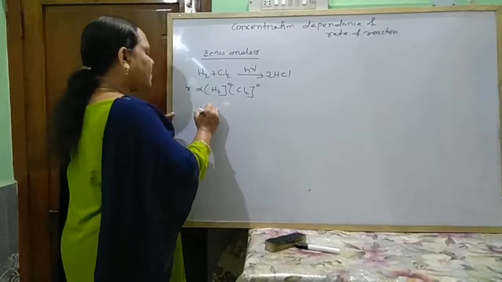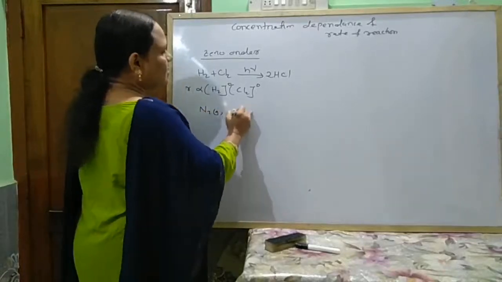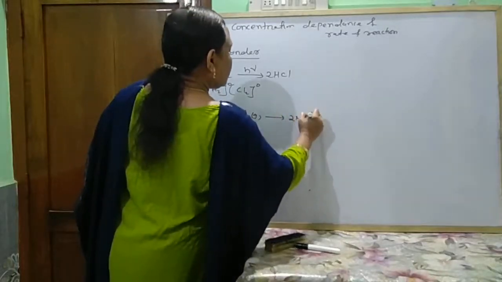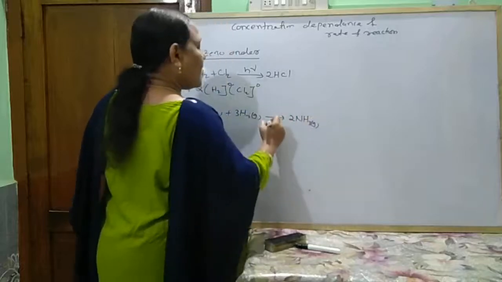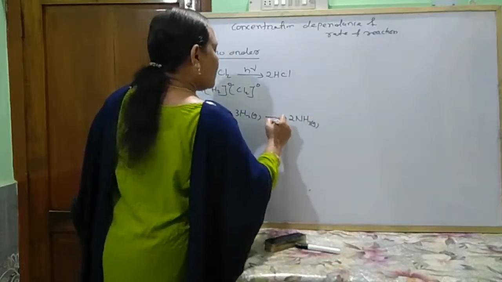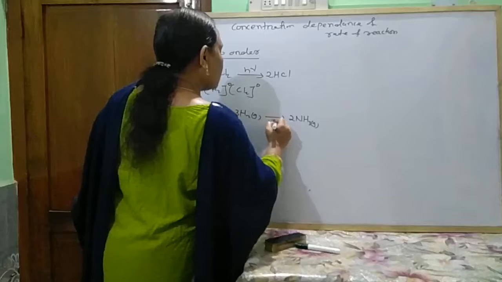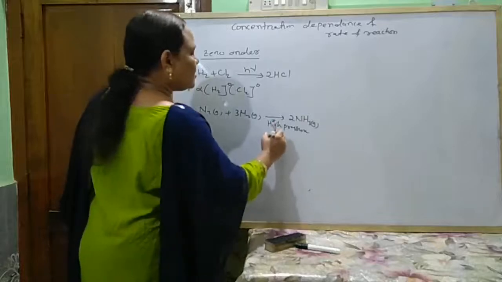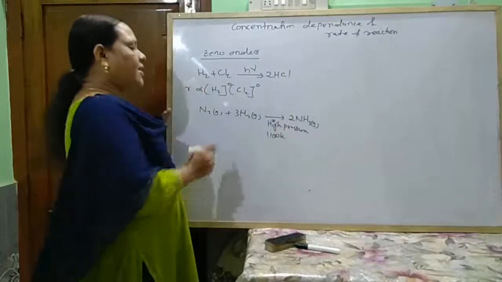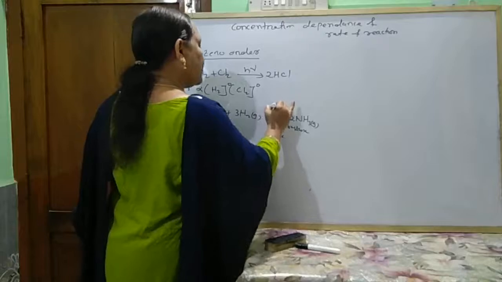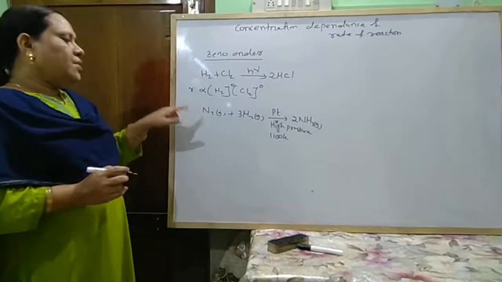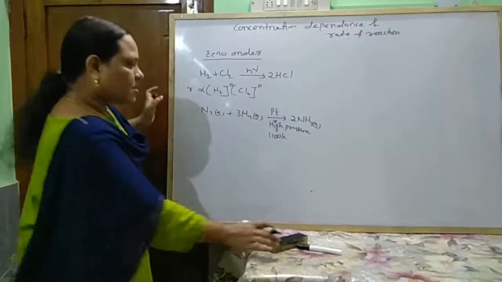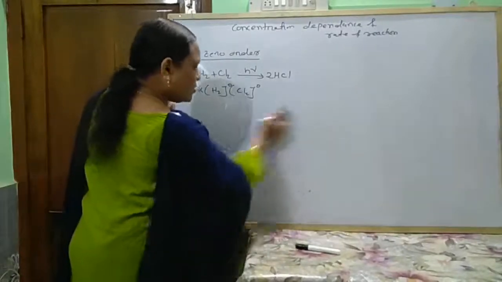Another example: N2 gas plus 3H2 gas gives 2NH3 gas at high temperature and pressure, at about 1100 Kelvin, if this reaction takes place on a platinum surface. This is the formation of ammonia from nitrogen, and the reaction is reversible.